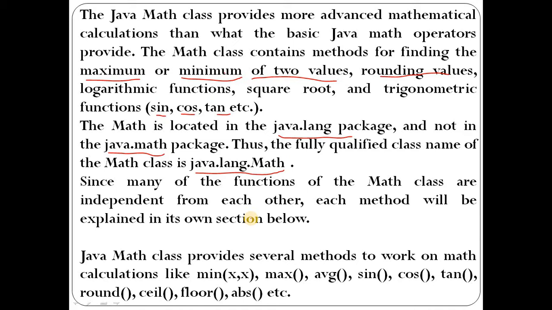Here you see all the math functions are provided from the lang package. So we can also write the math function like java.lang.Math. That is a statement we can use in the program, but by default, the java.lang package is already declared in a program.